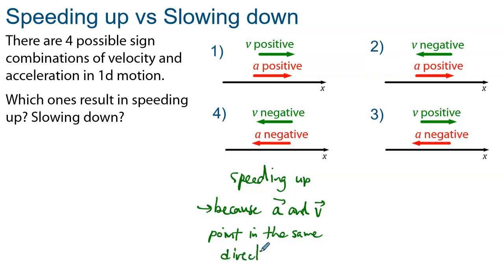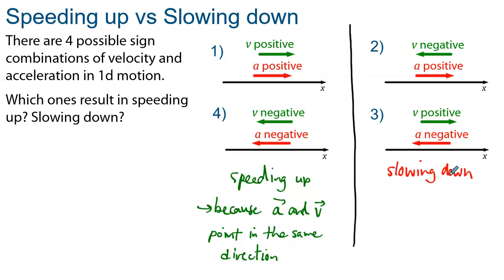And then there are the other 2. So for the other 2, what we have in here are cases where the velocity and the acceleration vector are pointing in opposite direction. So what we will observe is that actually in these cases, the object will be slowing down because the acceleration is going against the velocity vector.